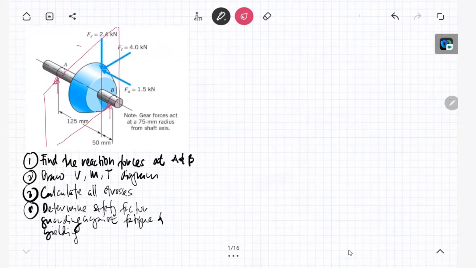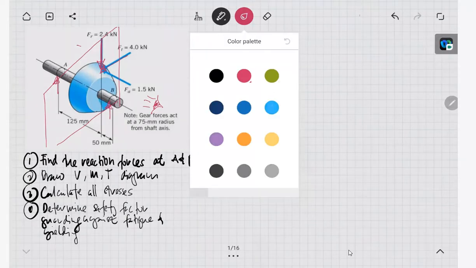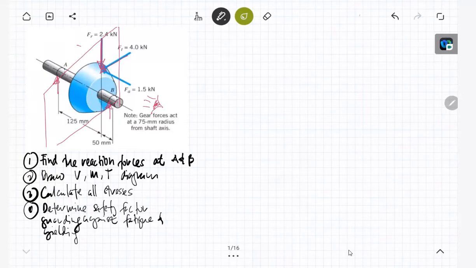So from this plane, yang kita lihat from this side, from this plane, kita akan lihat these forces. Another plane yang kita lihat ialah this plane.